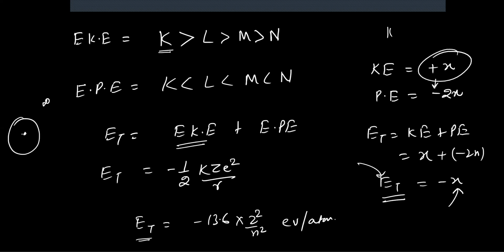So if the total energy of the electron is negative, it means it is bound with the nucleus. It is under the influence of the nucleus. The electron has maximum energy, which is zero, when it is not under the influence of a positively charged nucleus.